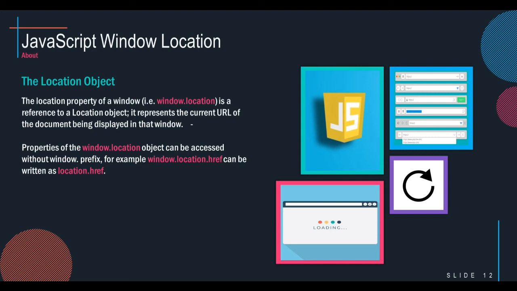So instead of window.location.href, it can be written as just location.href. Shorter already. The following sections will show you how to get the URL of the page as well as hostname, protocol, and so on, using the location object property of the window object.